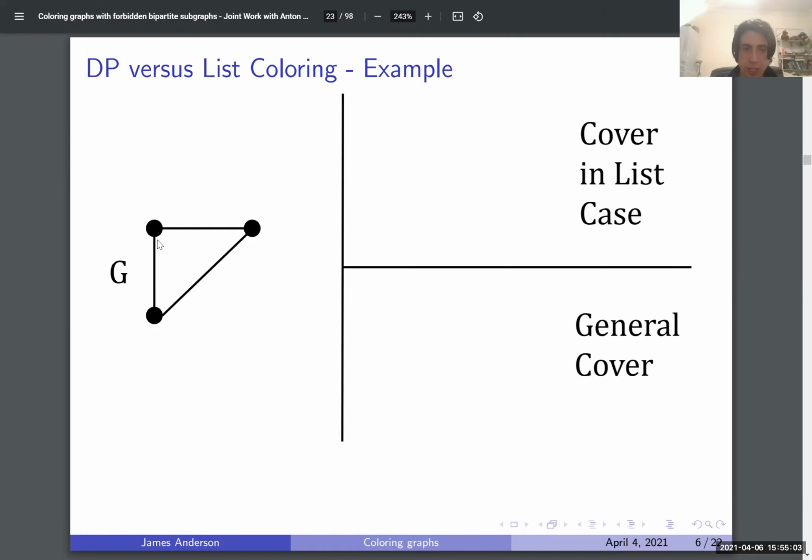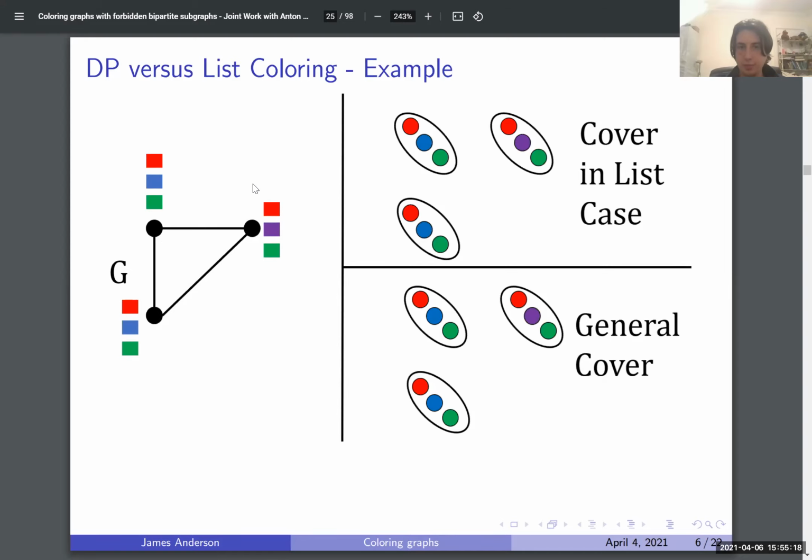Okay, so we start with G over on the left. We have a triangle. And let's suppose these were different colors or lists we were allowing for G. Well, each of these colors gets represented as a vertex over in H, and each of the ovals represents the list associated to each vertex in G. And so now in the list coloring case, we're going to put an edge between any two colors that are the same.